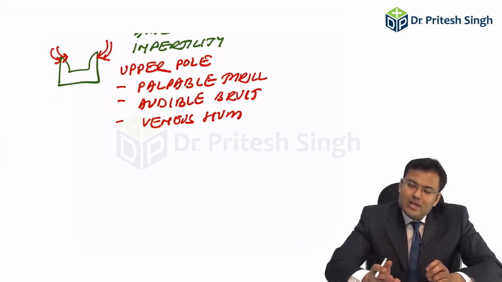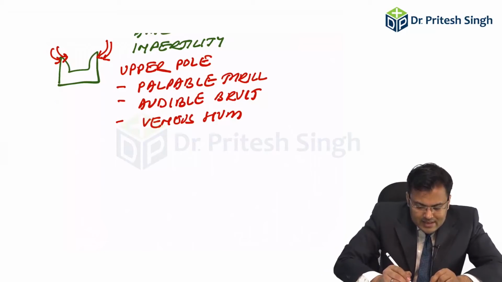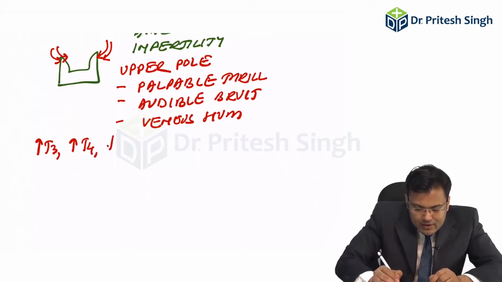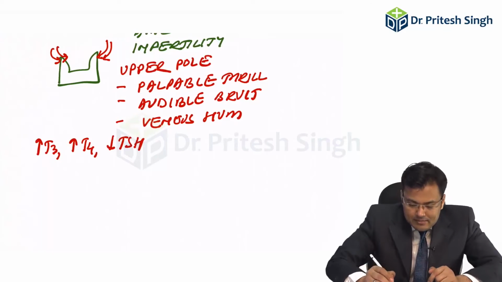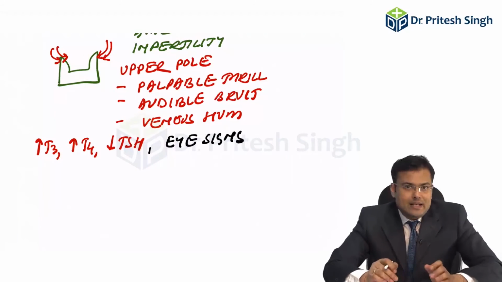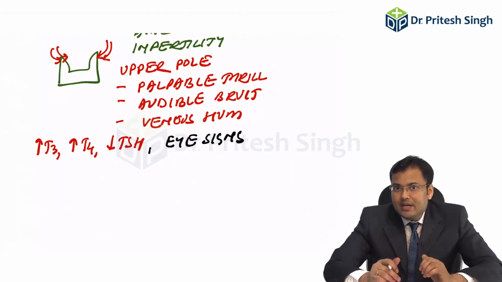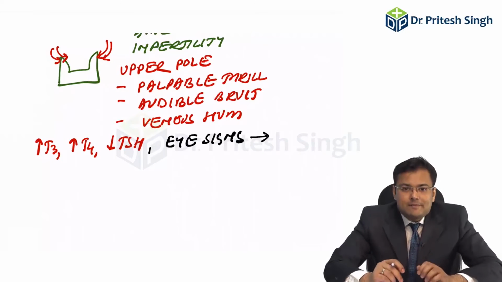So here, usually I can make the diagnosis. But by the way, see, in this case, there is increased T3, increased T4, decreased TSH because patient is having hyperthyroidism and there is eye signs. Presence of eye signs in the patients of hyperthyroidism usually confirms the diagnosis of Graves.